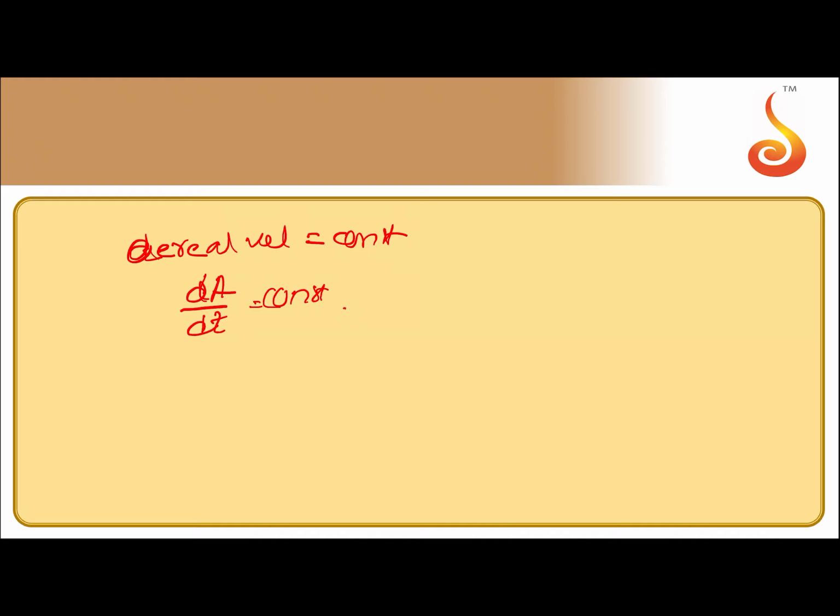That time t divided by the total time should be equal to the area between those 2 points and the total area. The total area is pi AB. Because the areal velocity is constant, I can say t divided by T is equal to the area ratio, time taken is proportional to area.